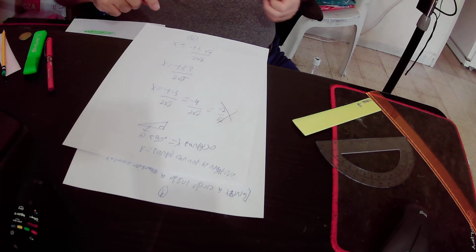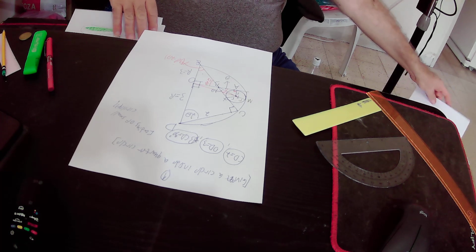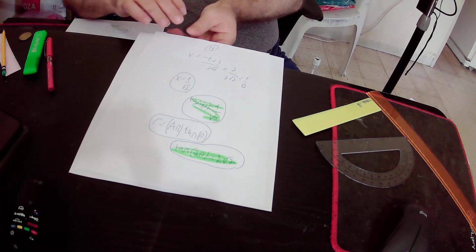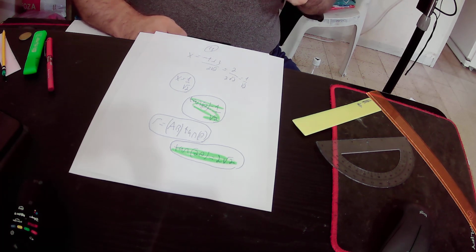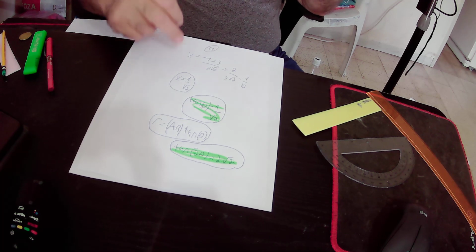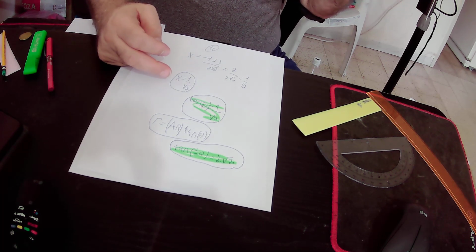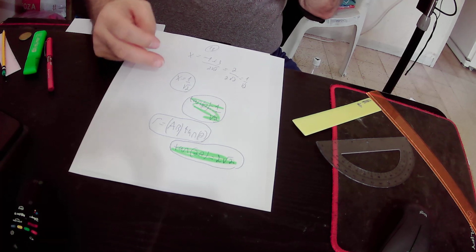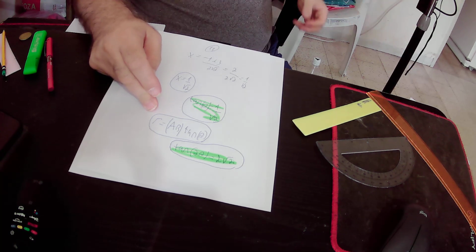So we are left only with the positive answer for tangent theta, that is x equals minus 1 plus 3 over 2 times root 2. So x equals 1 over root 2, and x is tangent theta, so tangent theta equals 1 over root 2.